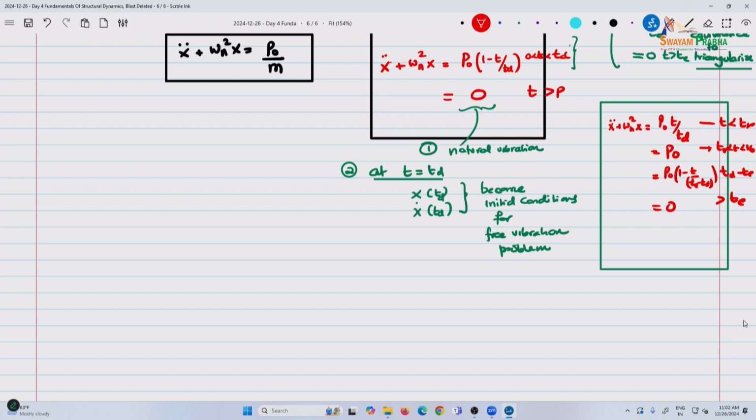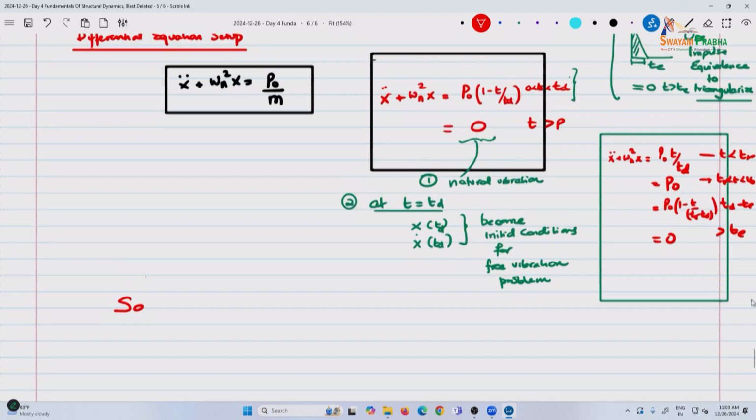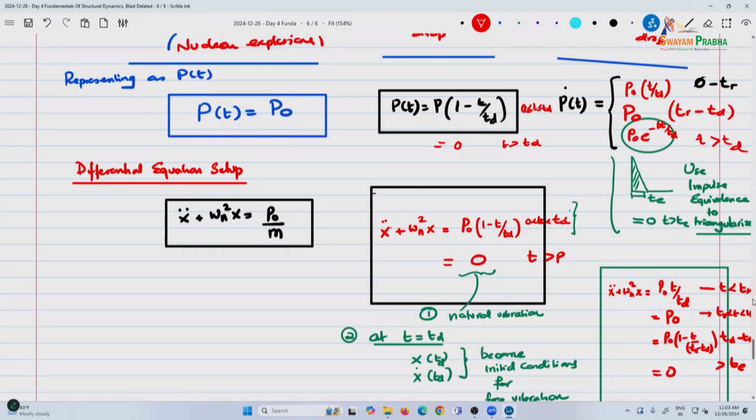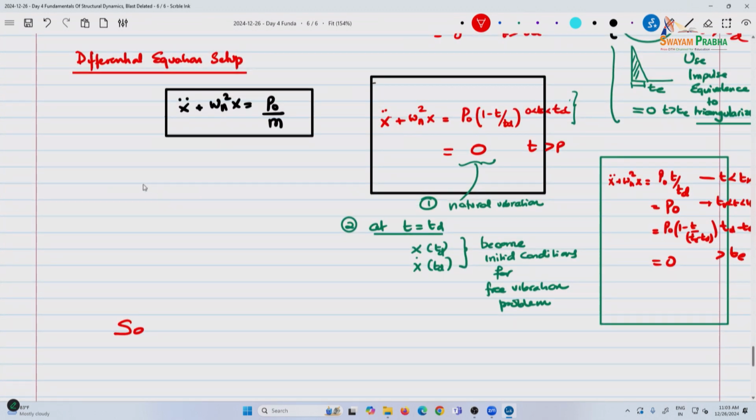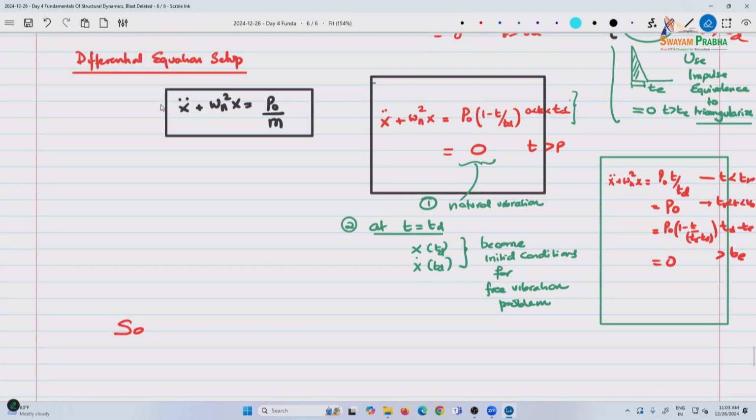Well, you're lucky. You don't have to solve. So that's where we will consider these two for looking at it. This is the easiest. Make sure, let me save this.